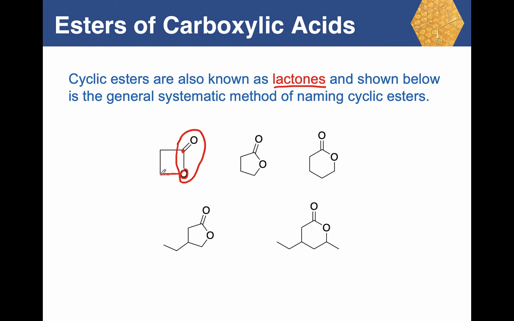So here's the R group and here's another R group, but it's in a ring. So these are examples of lactones. The book has more examples. We won't go into the naming of lactones or cyclic ethers, but you should be able to recognize cyclic ethers.